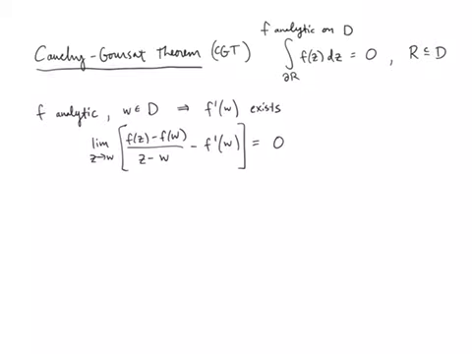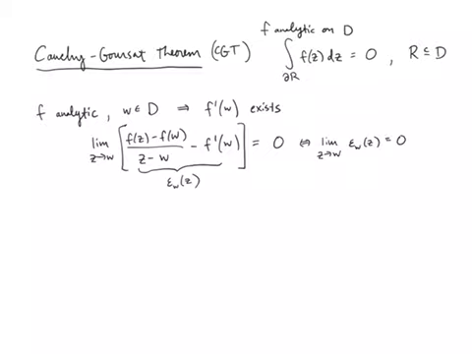It'll be convenient to have a name for this quantity here, so I'm just going to call this epsilon sub w of z. Saying that f is differentiable at w is equivalent to saying that the limit as z goes to w of epsilon sub w of z is equal to 0.